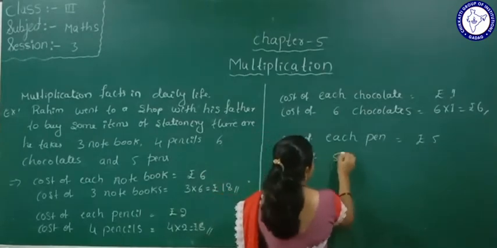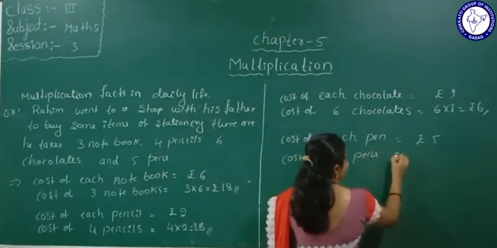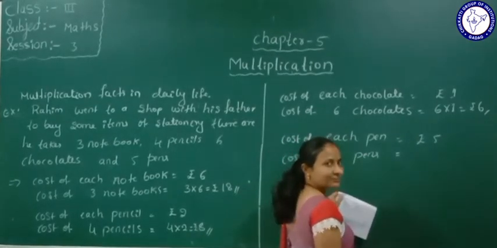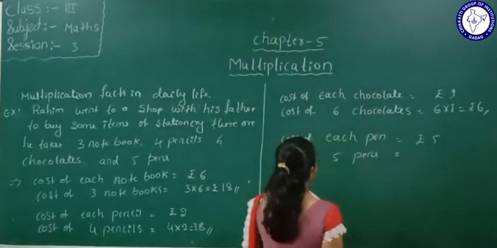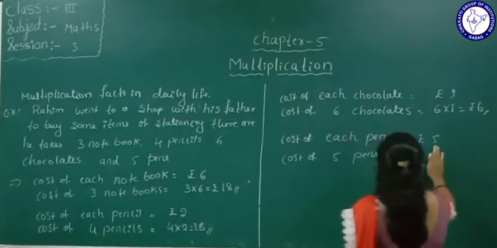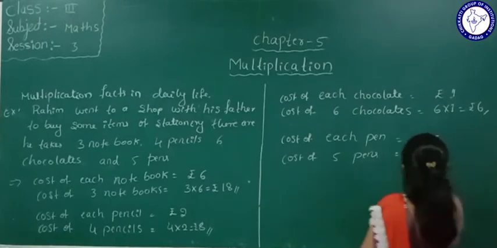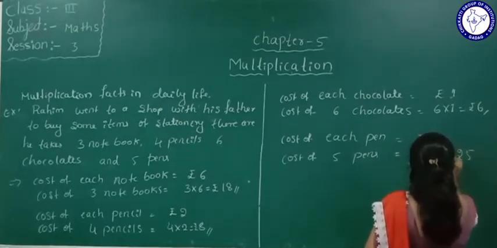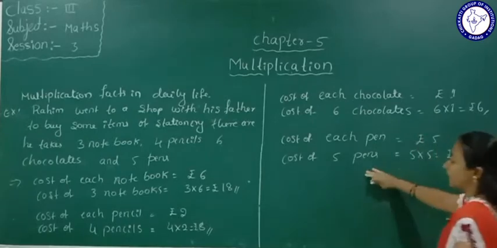Cost of 5 pens is equal to how much? Each pen is 5 rupees, so 5 pens is equal to 5 into 5, which is 25. So rupees 25 is the pen amount.